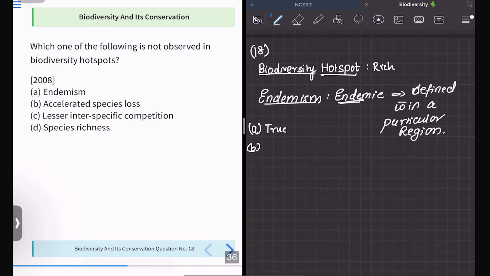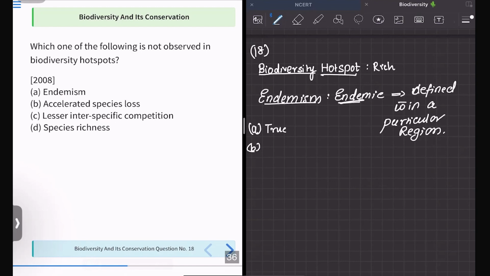Let's see option B. Option B is saying there is accelerated species loss. And when they are saying accelerated species loss, what does that mean? Since these different species are endemic to a particular region, all the species within the particular region are going to interact among themselves and only amongst themselves they are going to exchange the genetic material. So the chances of genetic variation are going to decrease, correct? Whereas, let us imagine a second case where there is widespread species distribution.